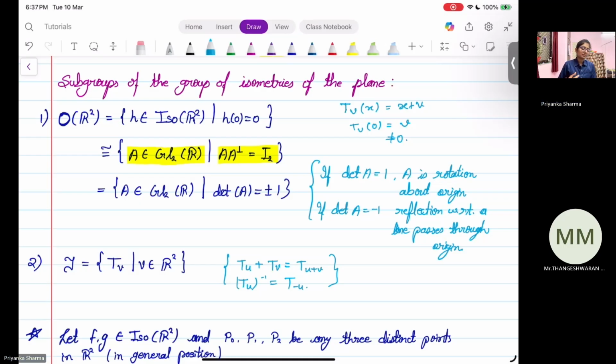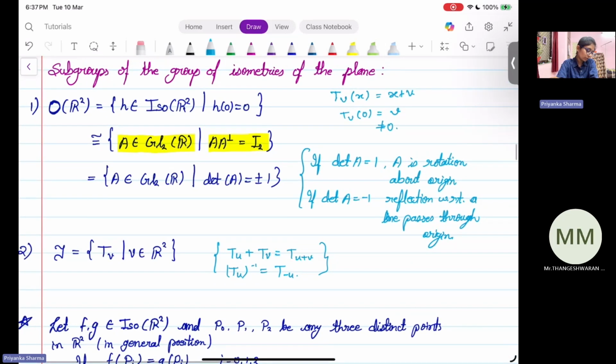Translation by 0 is trivial, it is like the identity, so we are not talking about that. In general, translations cannot be an element of O of R squared. It will have either a rotation or a reflection, but in both cases it fixes the origin. The rotation must be a rotation about the origin.